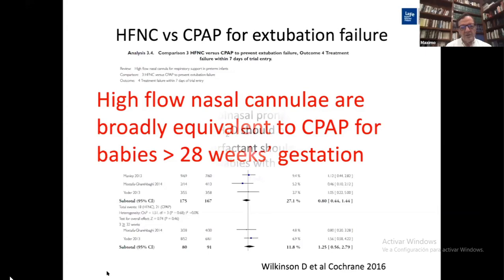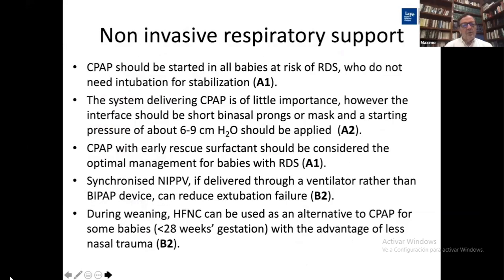So when dealing with non-invasive respiratory support, CPAP should be started in all babies at risk for RDS who do not need intubation for stabilization. And this is an A1 grade recommendation, so a strong recommendation. The system delivering CPAP is of little importance. It should be a system in which the unit or the caregivers are experts and have good expertise.